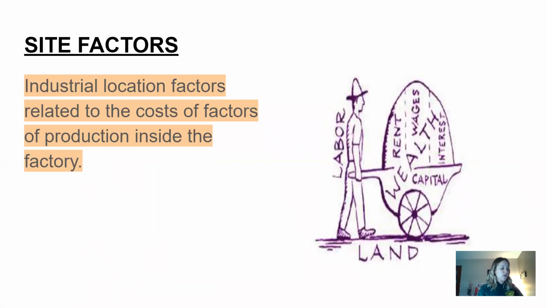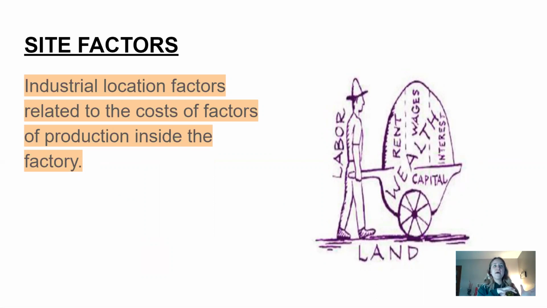So take a look at your vocab sheet. This is vocab term number 1. You have site factors on there, and this is what site factors are. They're industrial location factors related to the cost of factors of production inside the factory. So think of the factory itself and what is being produced inside that factory, okay?